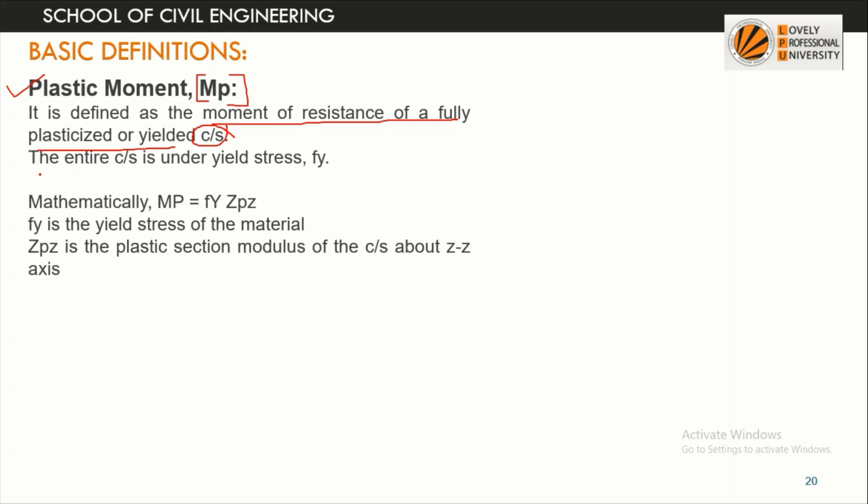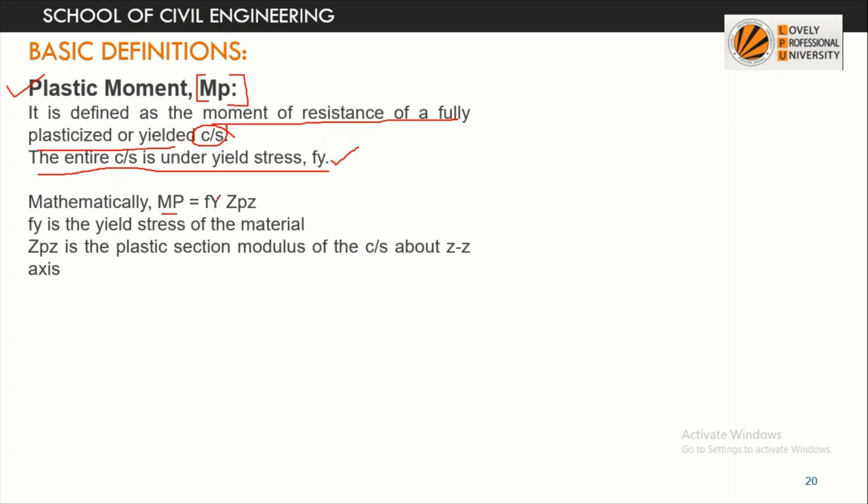Yielded cross section means the entire cross section is having yield stress Fy. In such a situation we call the moment equal to Mp, or plastic moment, or we can say it is the moment required to plastify the entire cross section, or stress the entire cross section to yield stress Fy.